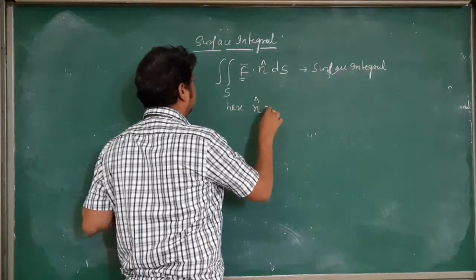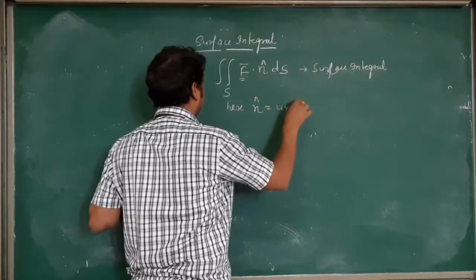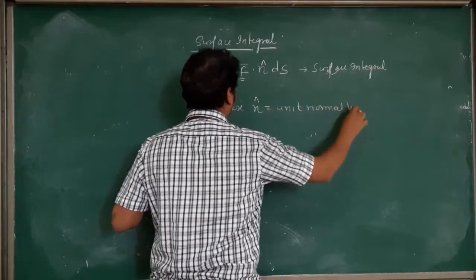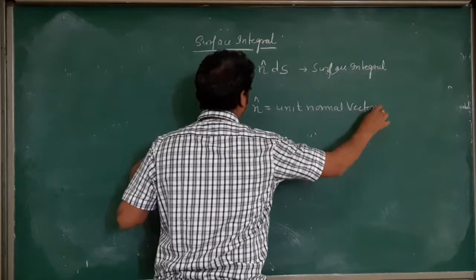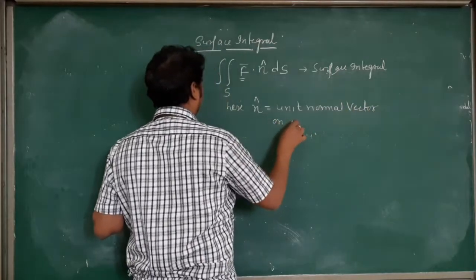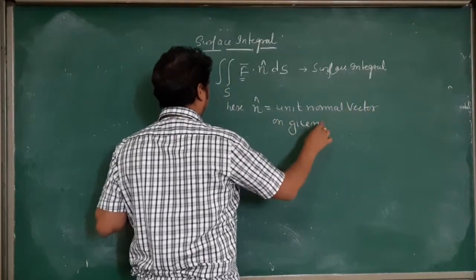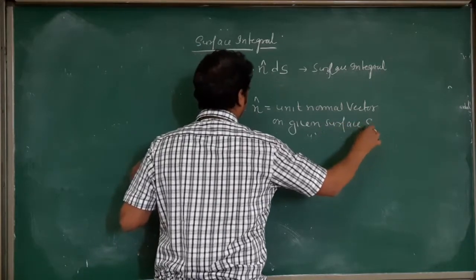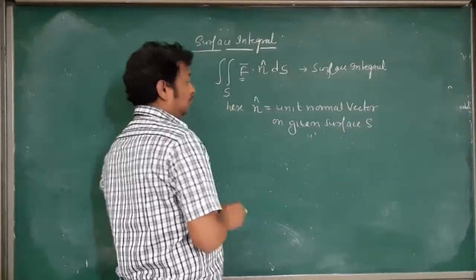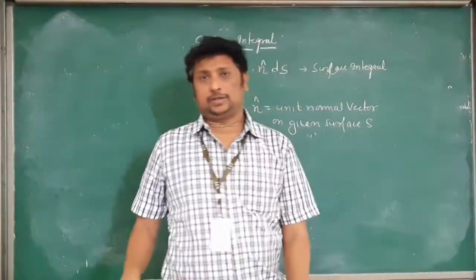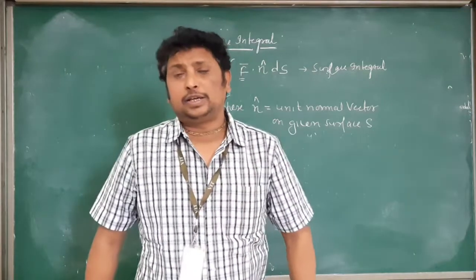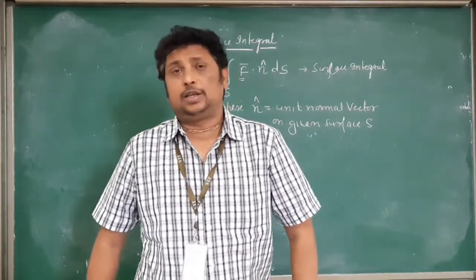Here n cap means the unit normal vector on the given surface. So whatever surface is given, find out the unit normal vector on that surface.